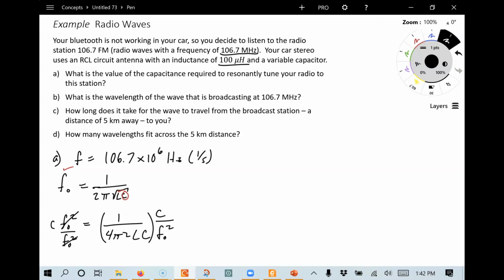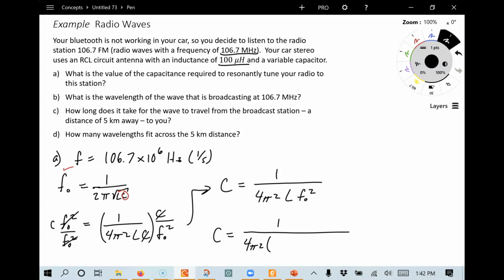Cancel these out, and we're left with C. So this is going to give us the capacitance equal to 1 divided by 4 pi squared L times the frequency squared. And then we just need to put our numbers into that formula.